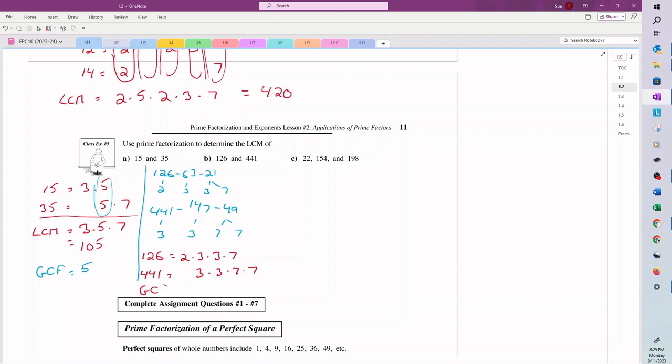So for the lowest common multiple, these are my columns. So I get 2 times 3 times 3 times 7 times 7, which equals 882.